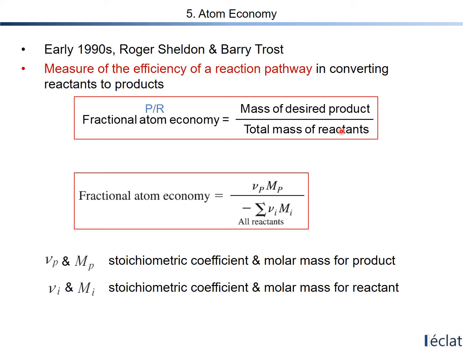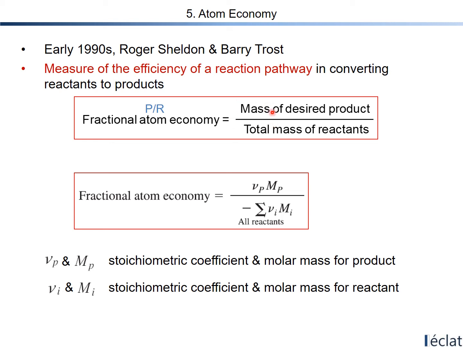The meaning of stoichiometric coefficient is moles. So RP and BP ratios are molar ratios. However, in the fractional atom economy, PR ratio is not the molar ratio, but the mass ratio. So the definition is like that.